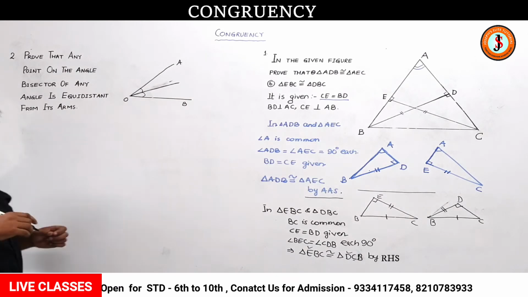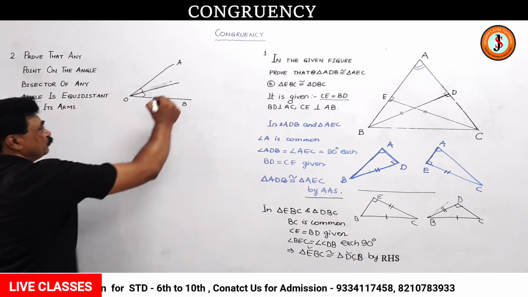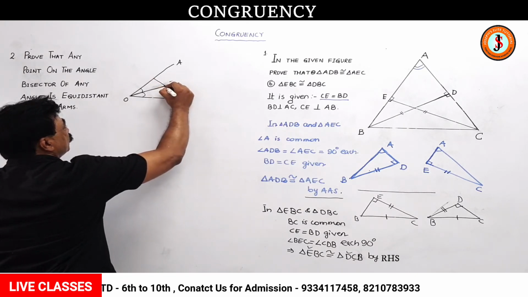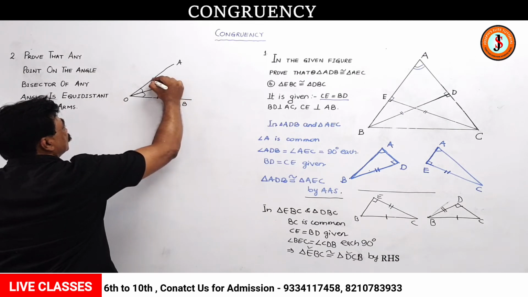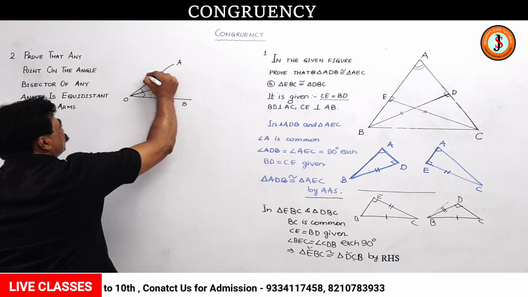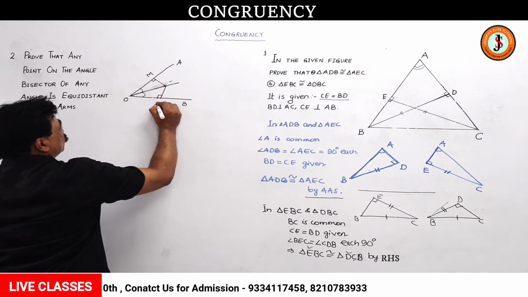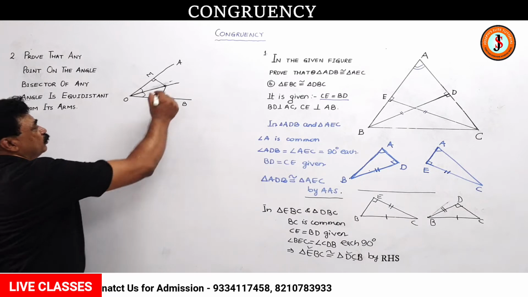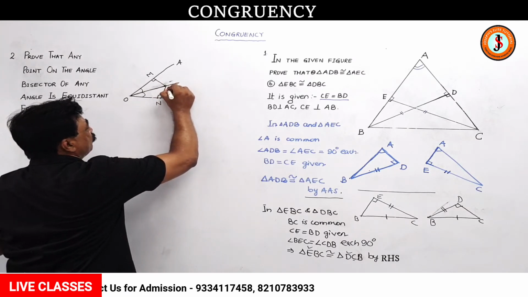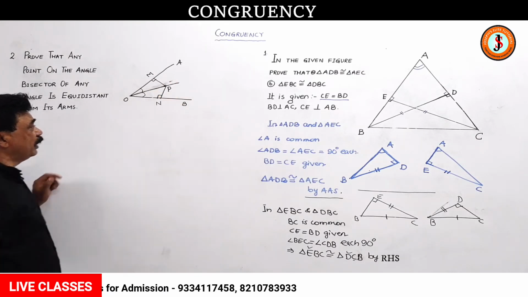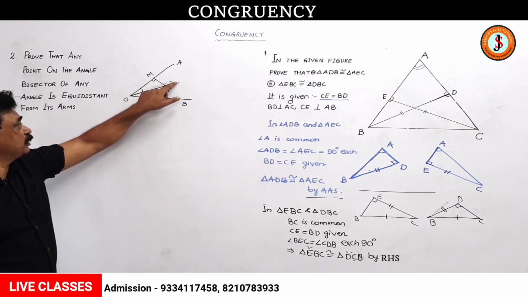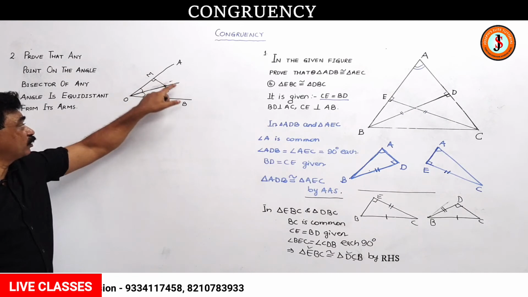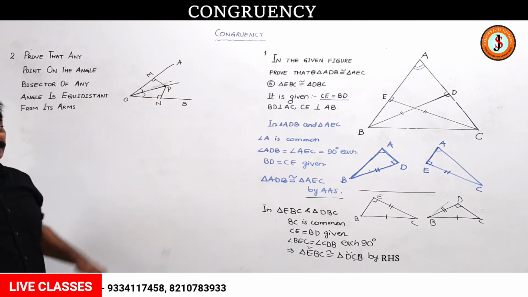Now what is the meaning of equidistant? If you stand over here, they are telling to prove the perpendicular distances are equal. That means we have to prove that PM is equal to PN. Now any point, if P was here still we can prove this, that anywhere you stand you are always at equal distance from both the arms.